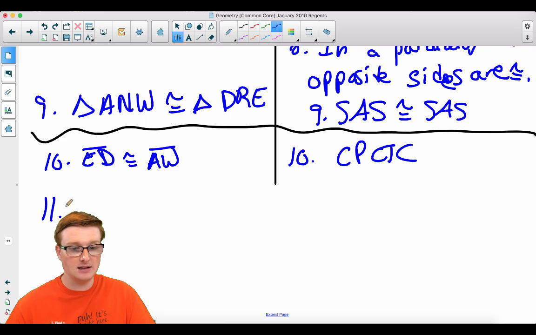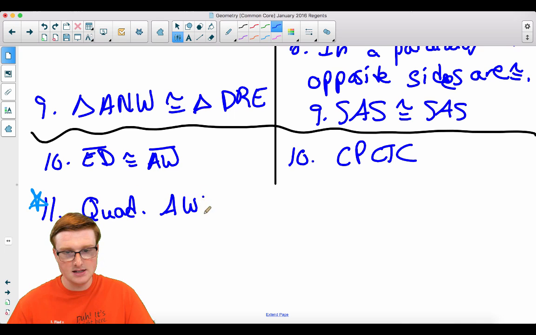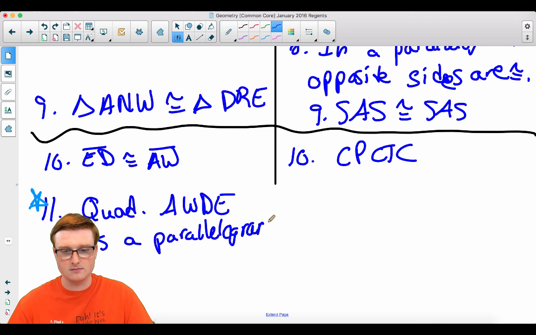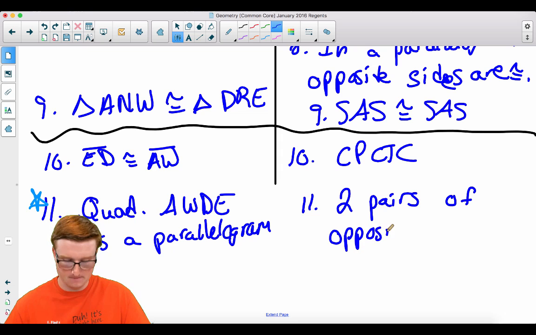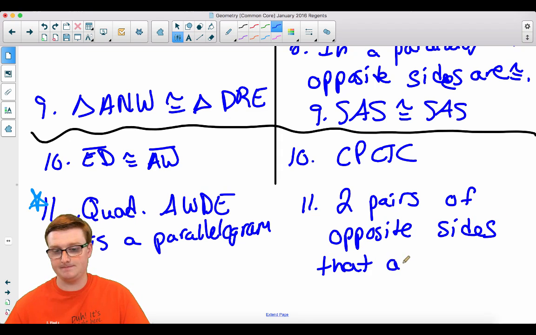And last but not least, number 11, I'm going to bring that star back. We're going to use that star here. We say that quadrilateral AWDE is a parallelogram. Number 11, we say that two pairs of opposite sides that are congruent proves a parallelogram.